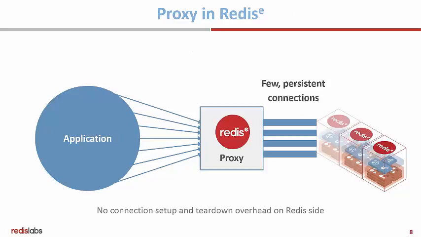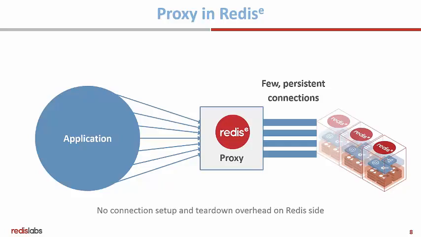So in Redis Enterprise, again, we have over on the right that 3-node cluster, and there's that layer of management software colored in blue, and one of the components of that management layer is a proxy. That proxy is part of the enterprise product, and it stands between the application and the cluster, and it does a few things.